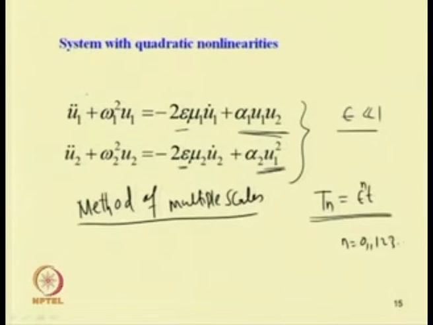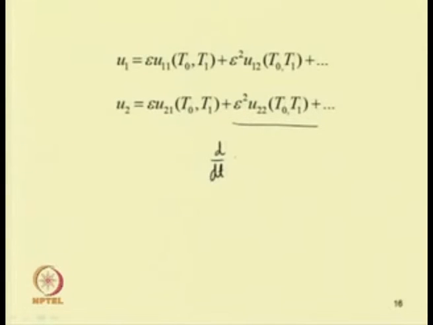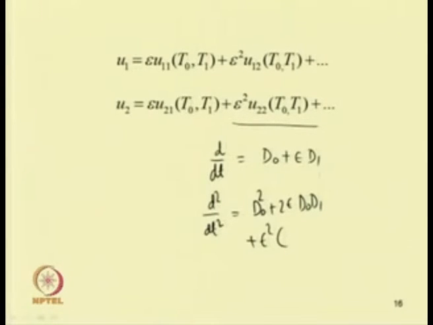Now, taking this d by dt. As in the first equation we have u double dot, that means d square u 1 by dt square. We can write d by dt, taking only a single term, as d 0 plus epsilon d 1. Similarly, d square by dt square equals d 0 square plus 2 epsilon d 0 d 1 plus epsilon square (d 1 square plus 2 d 0 d 2), plus higher order terms.